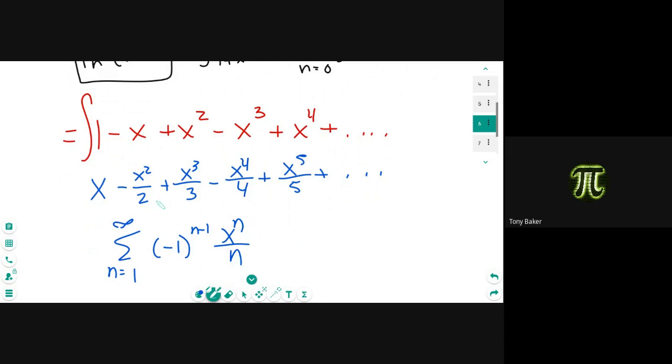So yeah. Okay. If I wanted it starting at 0, I really just have to shift all these by 1, right? So it's going to be negative 1 to the n, and that'll be x to the n plus 1 over n plus 1, correct?